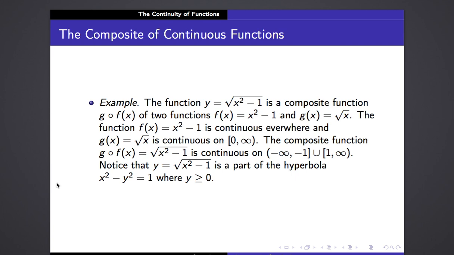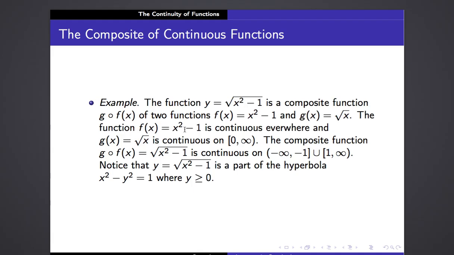So here's an example. The function y equals square root of x squared minus 1 is actually a composite function, f followed by g of x, of two functions. f of x is x squared minus 1, and g of x equals square root of x.